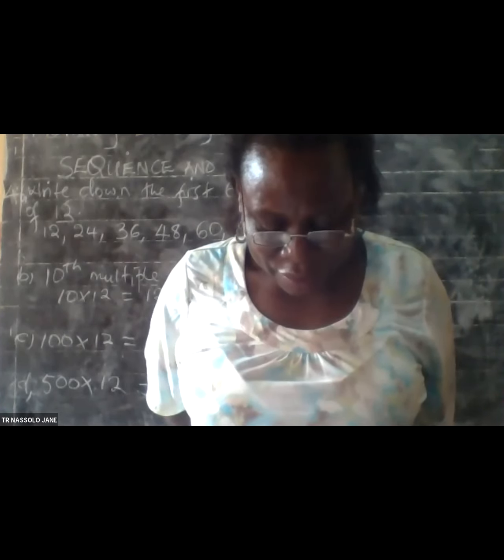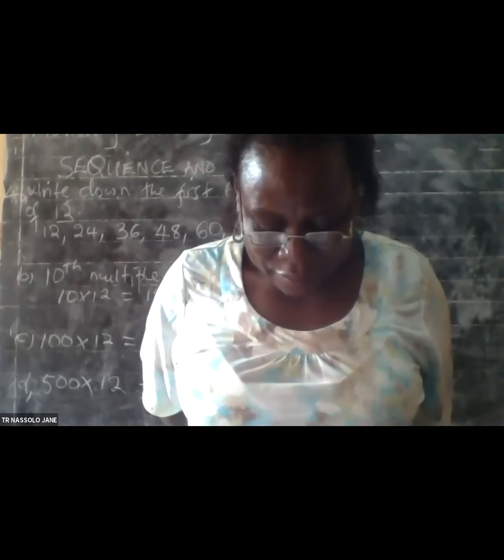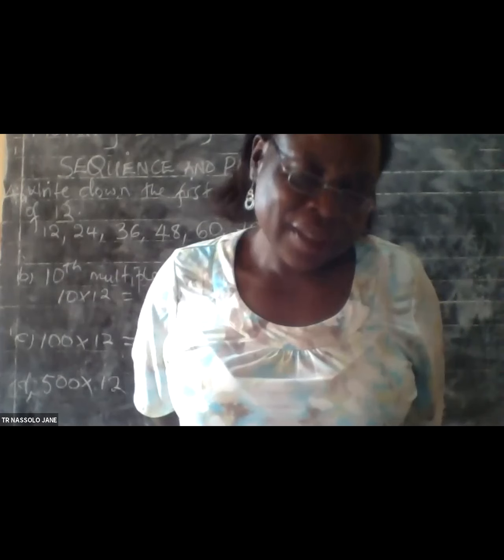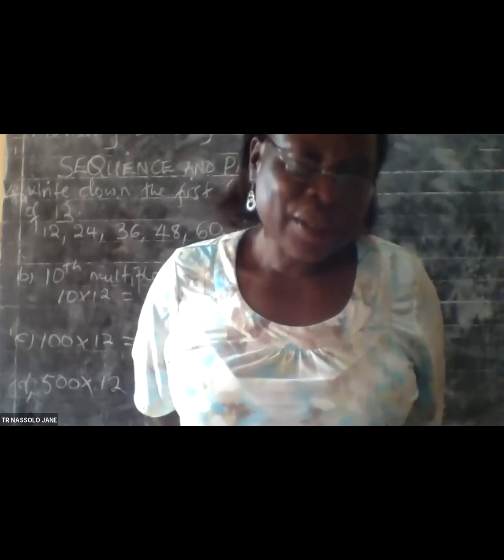What is the first multiple not shown in the number square? Who can guess?